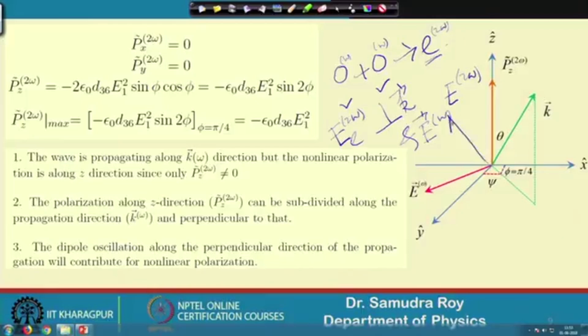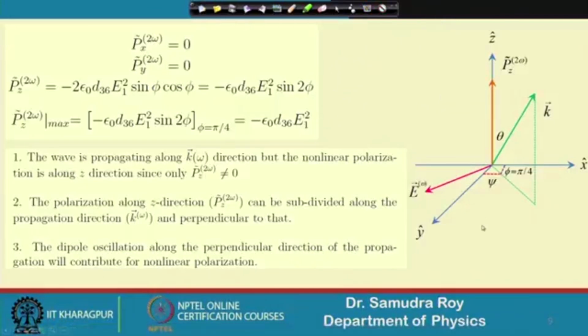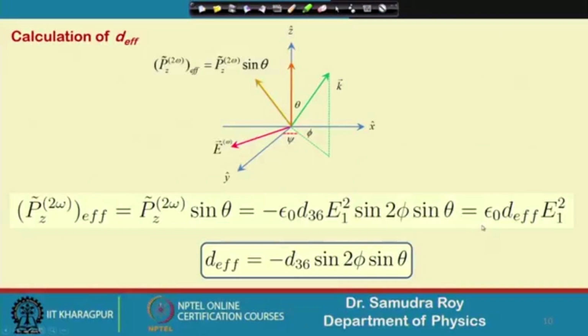So, if I look at what we have in the second slide, then we find that this is the direction we can make perpendicular.